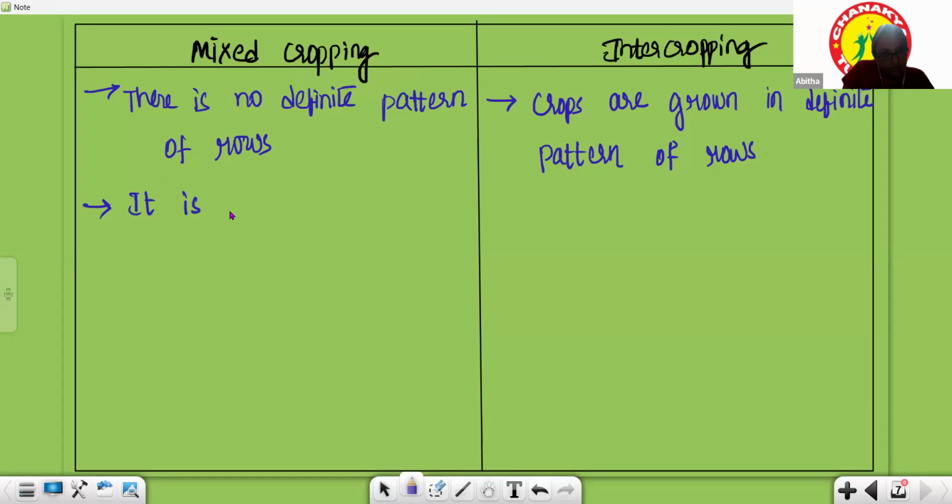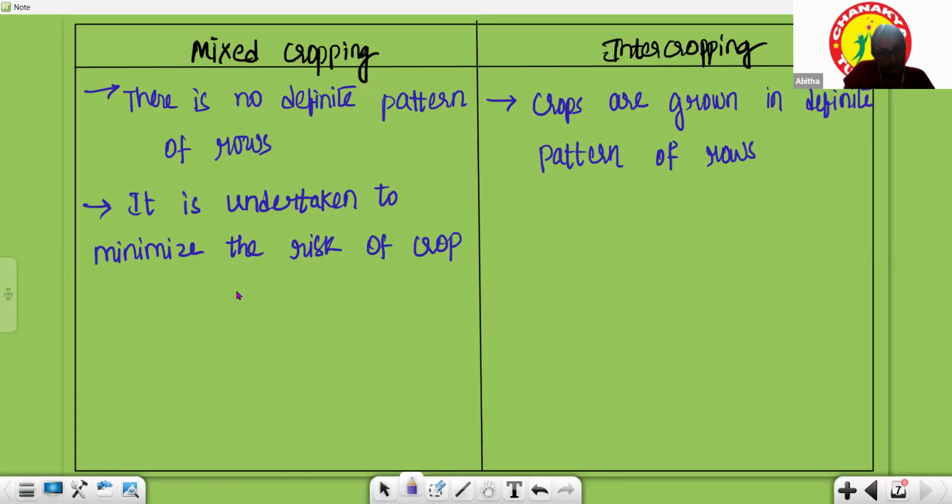Mixed cropping is undertaken to minimize the risk of crop failure.